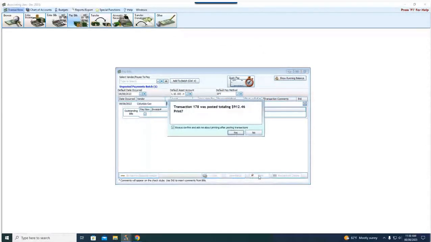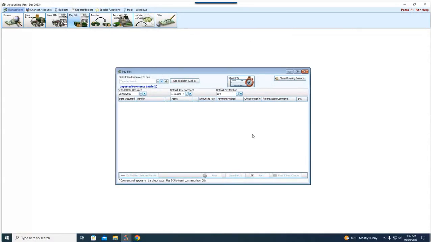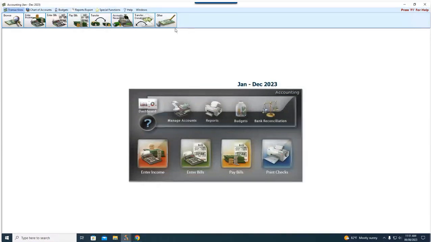But what have I now done? Well, I've essentially put a $912.46 withdrawal on my bank reconciliation, okay, that isn't ever going to appear on a bank statement. So what do I do about that? Well, I'm just going to go up and post a journal entry or an adjust asset transaction, and we'll do journal entry.